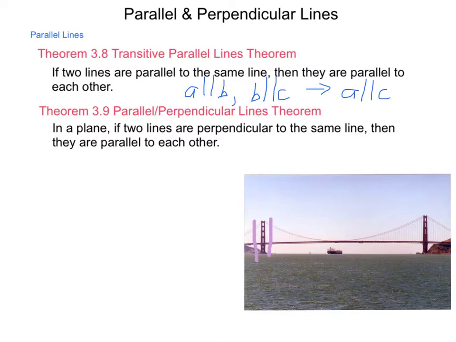Well, the near side of the left tower and the near side of the right tower are parallel to each other. So then that means that the far side of this tower, which if we were to put it into a closer proximity of where it actually is, here, and the near side of the right tower would be parallel to one another. That is the transitive parallel lines theorem.